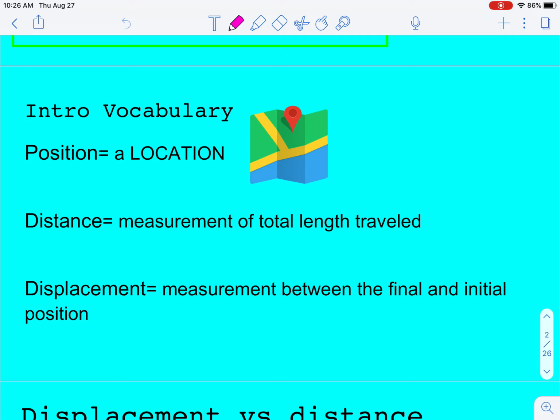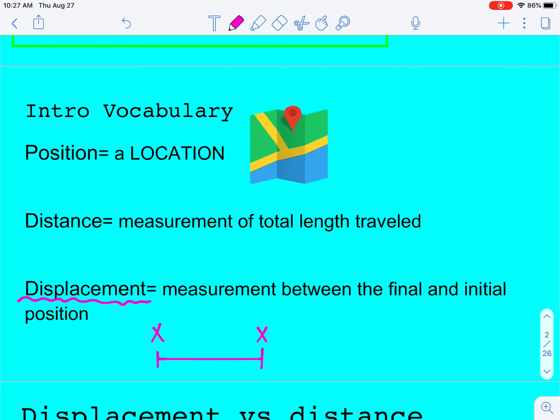In physics, we use displacement more. However, we're going to refer to these as sort of the same thing, but we'll talk about their slight differences here. So displacement is probably a new phrase or word for you. Displacement is specifically a measurement between a final and initial position.